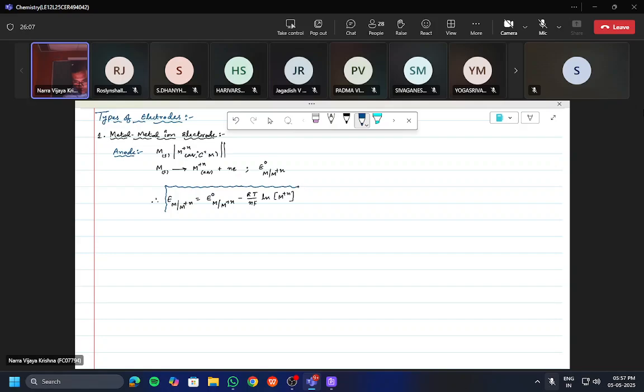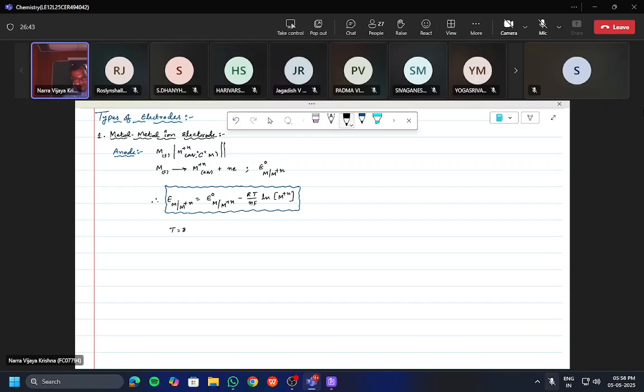Now here I am plotting a graph between E value versus ln concentration. They plotted E versus log of concentration. If I write it as a log, I will write 2.303.